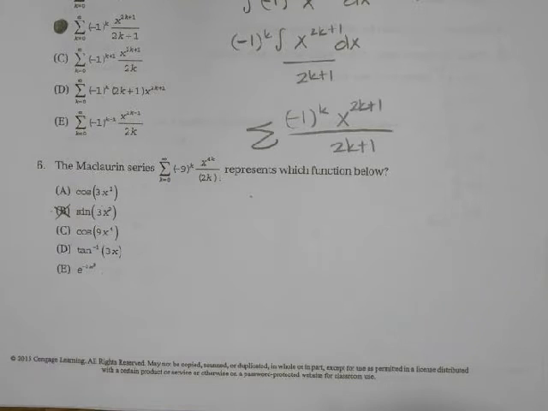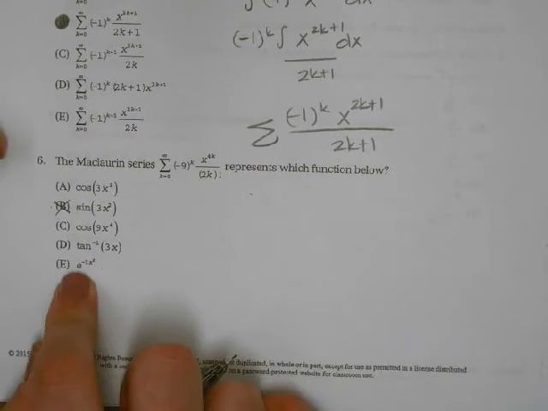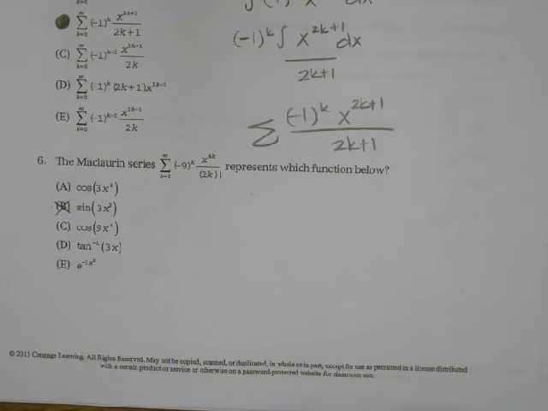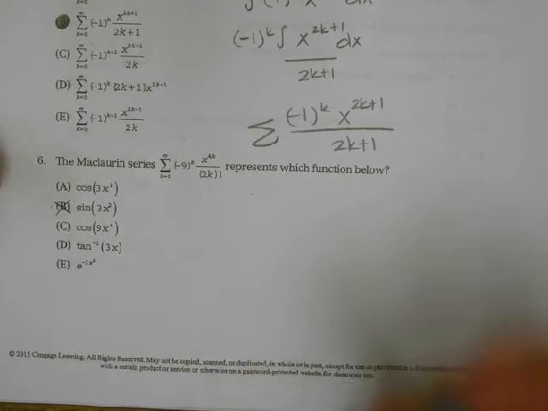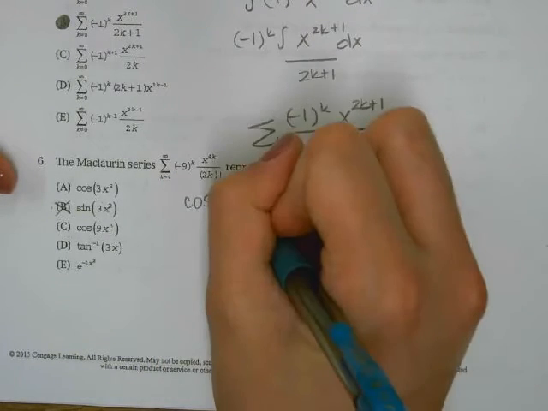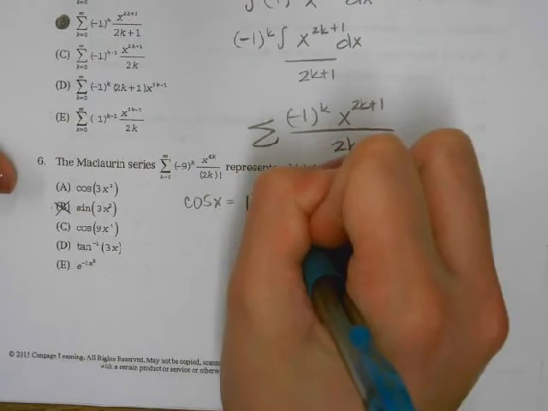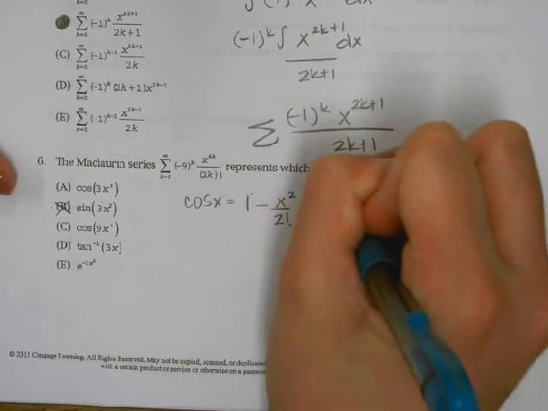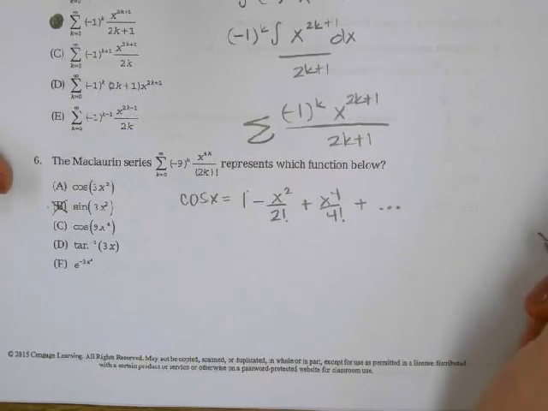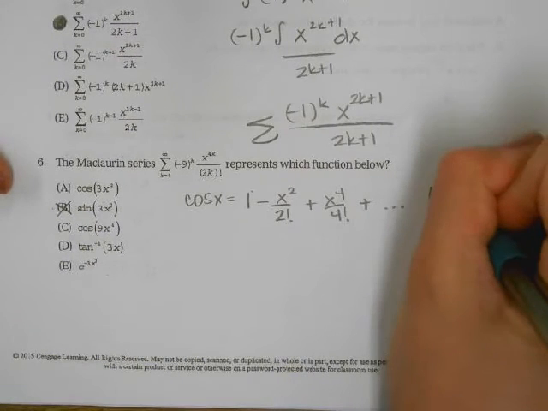Maybe don't eliminate that one right away. E would be odd. Actually, they kind of do it so they'd all kind of work. Well, what I did is I kind of had a gut feeling that it was going to be cos. So I wrote out the Maclaurin series for cos. This is 1 minus x squared over 2 factorial plus x to the 4th over 4 factorial. And then what's really important about this is looking at just the overall pattern.